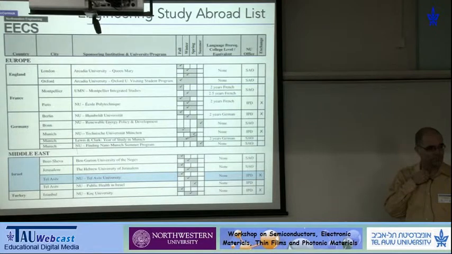So it's not a direct exchange between our universities, unlike Tel Aviv. Tel Aviv is a direct exchange, and Koc University, the one on the bottom, is a direct exchange. That means our students pay Northwestern tuition, but they show up here to take classes, and for every student that comes over here, there's a certain accounting that you do to determine how many students at Tel Aviv then come to.